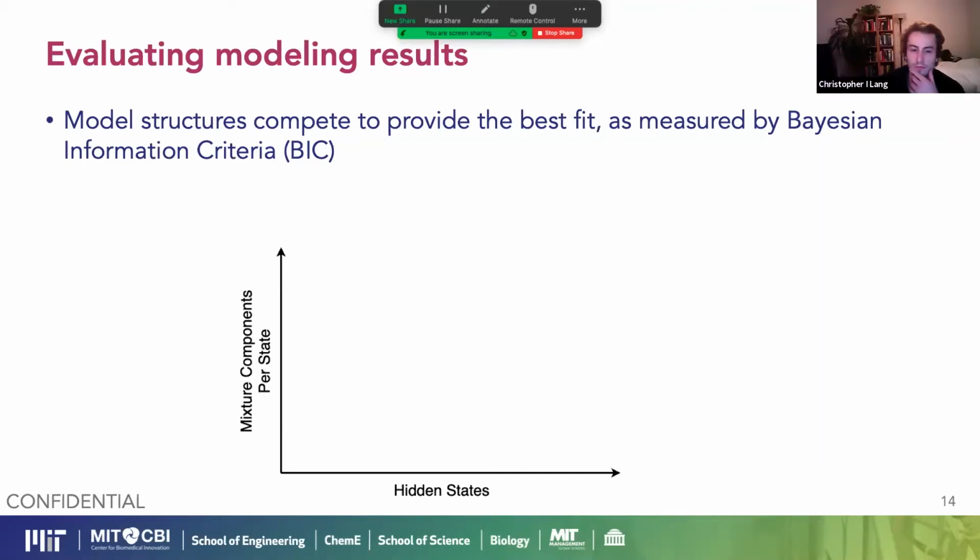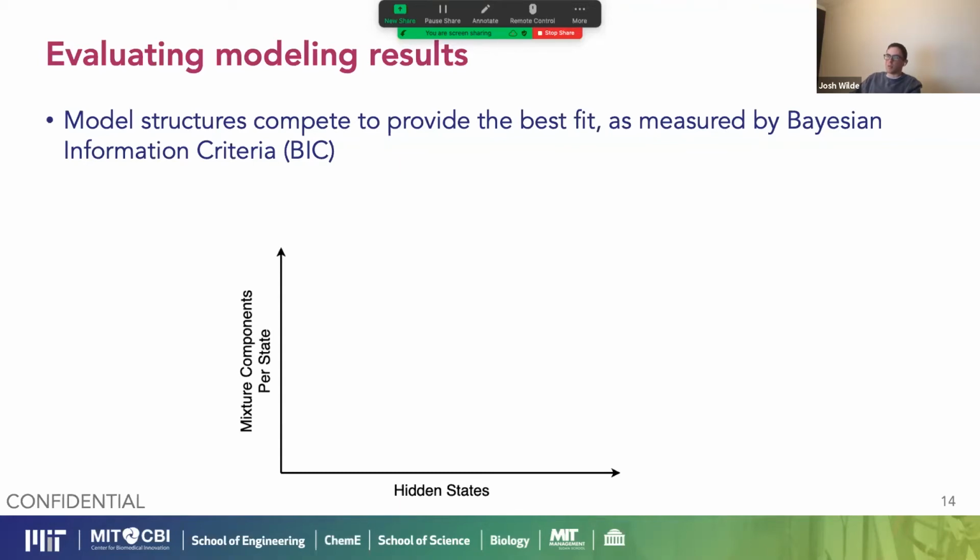So when we set up the model, we're not just going to estimate a single hidden Markov model. So this is, I would say, a frequentist approach to what's behind your question, Chris. What we're going to do is specify two hyperparameters for each hidden Markov model that we specify. The first is the number of hidden states that we assume exist in our data.